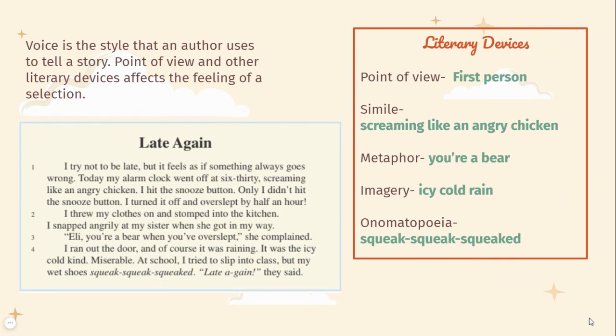There is a metaphor when his sister says, "You're a bear." We have imagery, the icy cold rain, and onomatopoeia describing the sounds of his wet shoes. Squeak, squeak, squeaked.